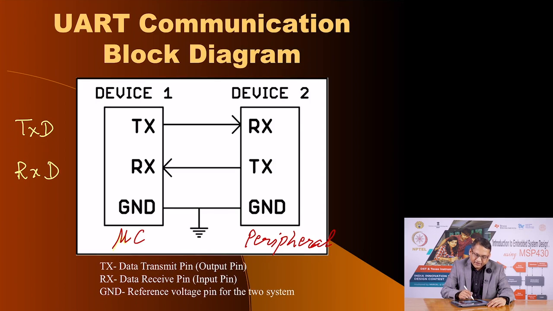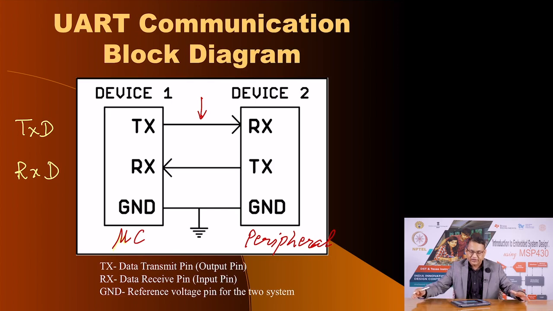Now, if the distance between these 2 devices is small, of the order of a few inches, then you can simply take the transmitting pin of one device and connect it to the receiving pin of the other device, and all this would work fine. Of course, the logic levels on these pins must match each other, which means if this device is powered at 5 volts, then the second device should also be powered at 5 volts. If this device is powered at 3.3, the other should also be powered at 3.3.